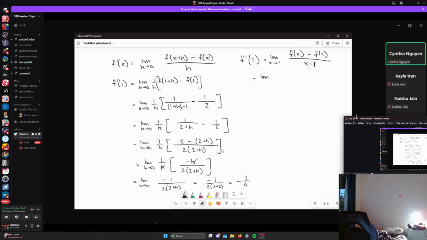Limit x approaches 1. So f of x is... Okay, first I'm going to pull out the x minus 1. And then I'm left with f of x minus f of 1. And limit as x approaches 1 of 1 over x minus 1.